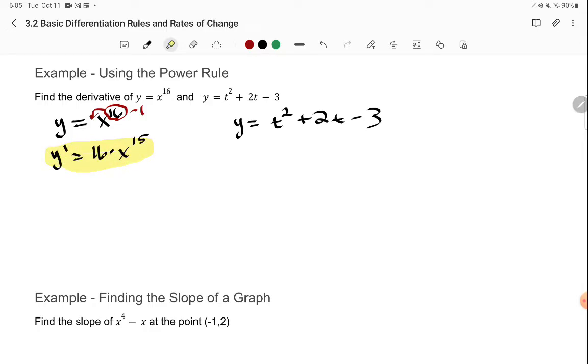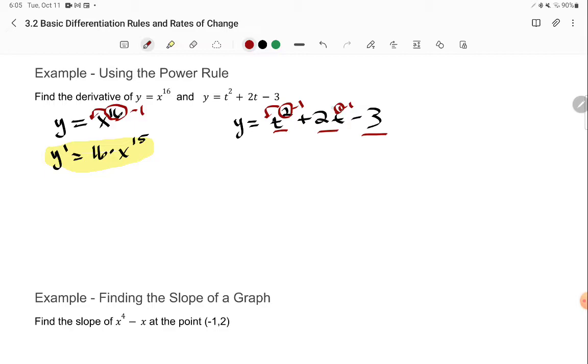So in general, let's look at this example. In general, all of your terms, so there are 3 terms there, the exponent is going to be 1 less. So this is going to be minus 1. Since this is to the first, it's going to be minus 1. Okay, and then also you're going to bring the exponent down and multiply.